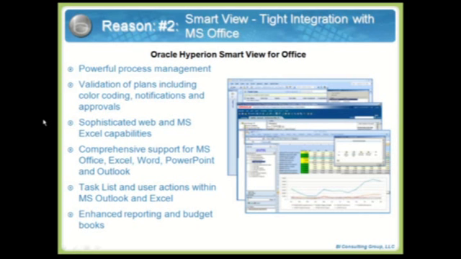You can do all the functionality that you would do in the web in Excel, as well as traffic lighting and data validation, as I had mentioned. You're also able to utilize composite forms. You can have common dimensions through color coding. There's an ad hoc mode in Smart View, as well as contextual data cell menus.